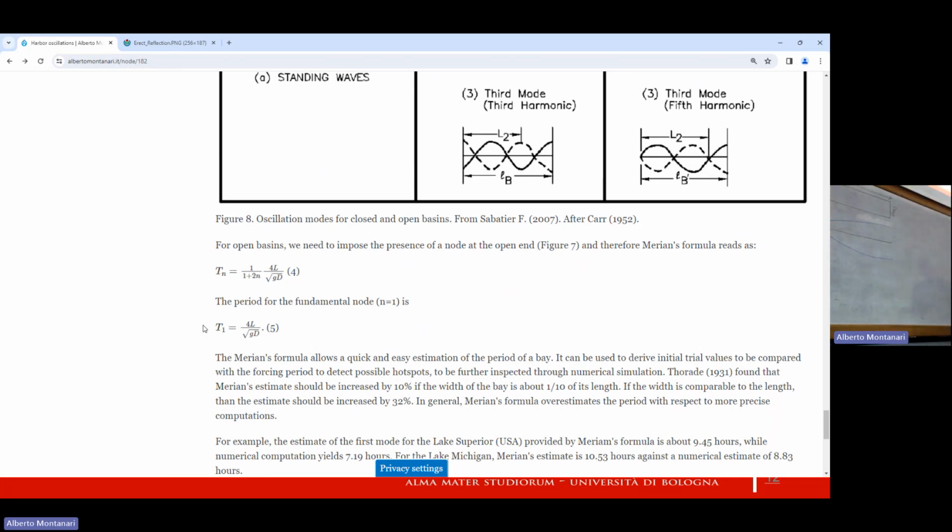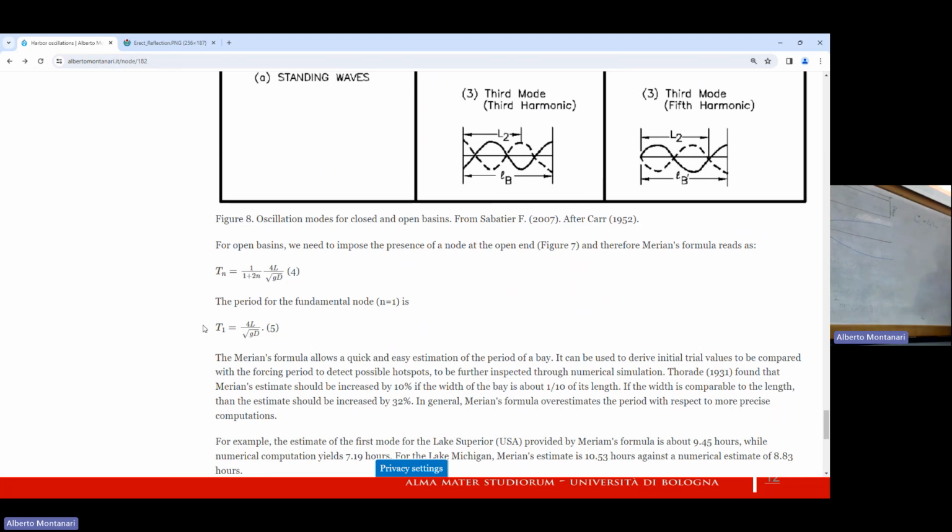Okay, so what is the distance that is covered by this wave in a full period? The distance, let's call it L star, is equal to 4L.